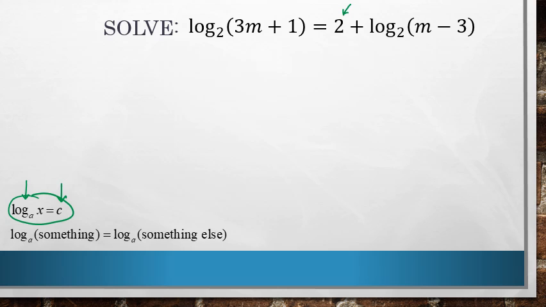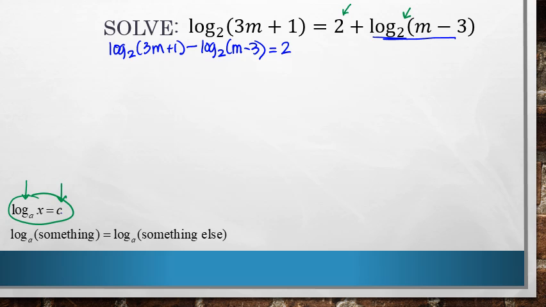So what I'm going to do is move this logarithm over by subtracting it from both sides. So that gives me the logarithm base 2 of (3m plus 1) minus the logarithm base 2 of (m minus 3) equals 2. So again, I just subtracted this logarithm from both sides.